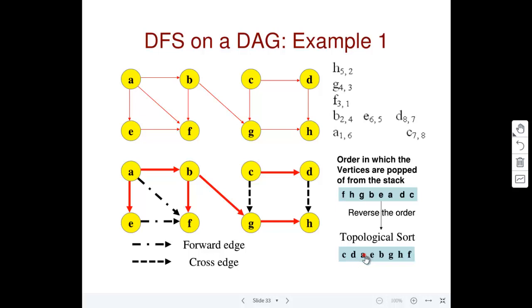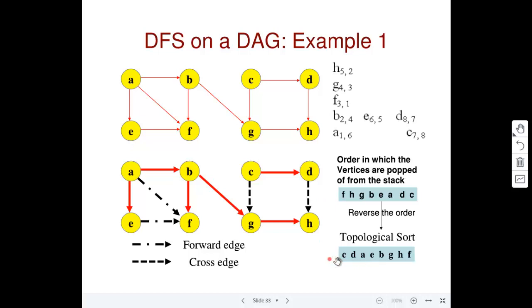Now you could take A because there's no edge from C to A, so you could take A and C in the same semester if you want to. And then again there's no edge from C to E, so you can take C and E in the same semester, but there's an edge from A to E, so you have to take A first and then take E in a later semester, and so on.